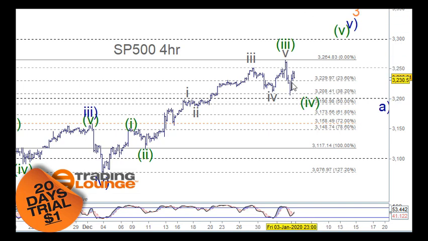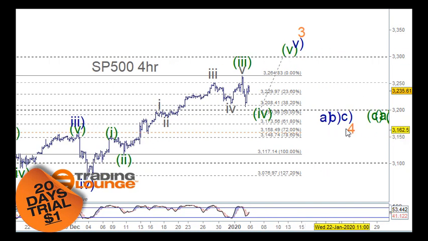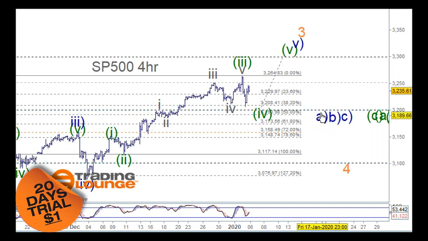Wave 4s can get a bit complicated, so it might be just that simple, but we maybe have an A wave, a B wave, and a C wave here, and then wave 5 to the upside to get to that wave 5 of 3, and then that ABC correction for wave 4 to pull back into this space.